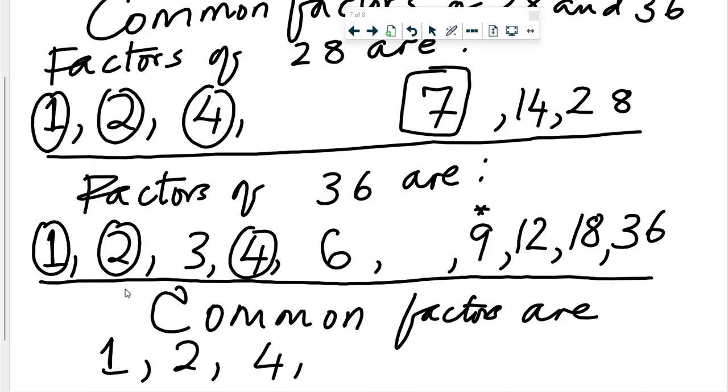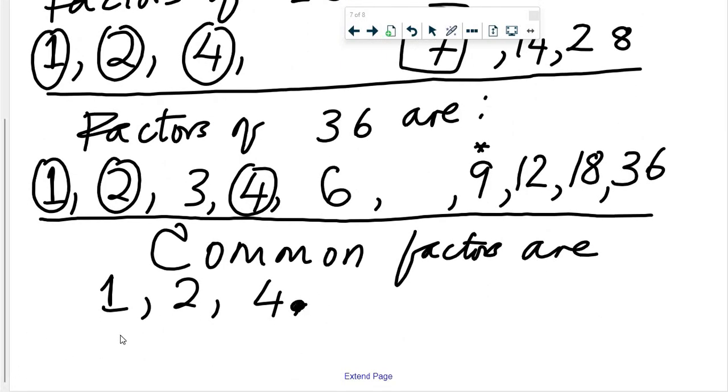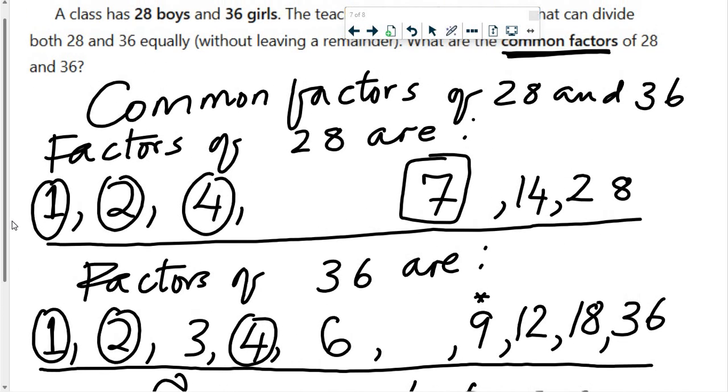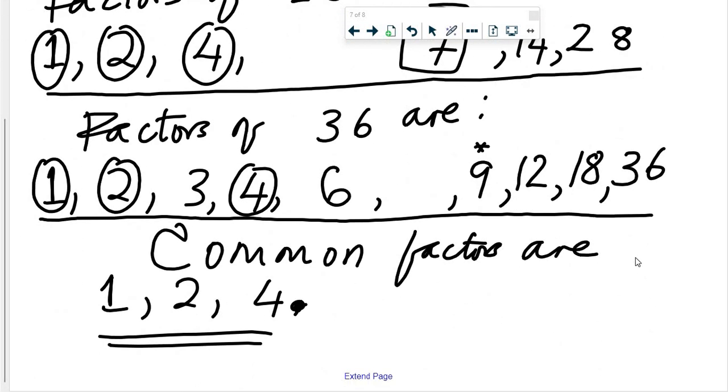Do we have any other? No. I don't see any other. So these are the common factors of 28 and 36: 1, 2, 4.